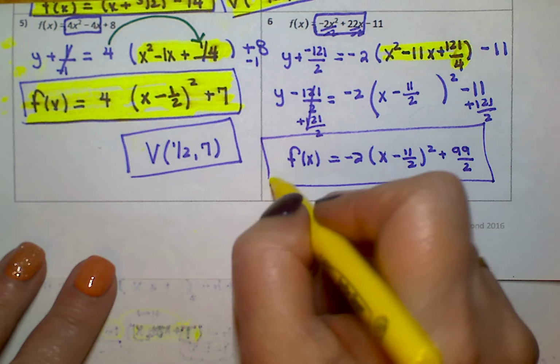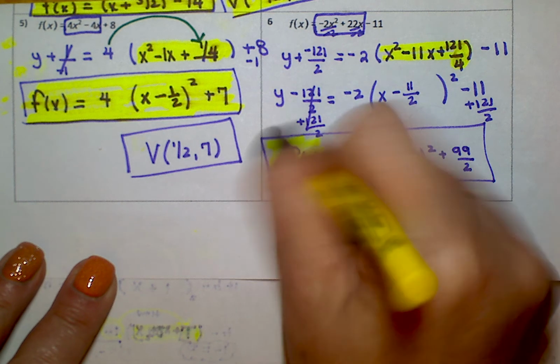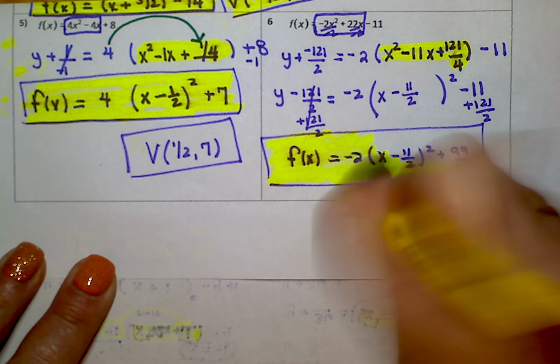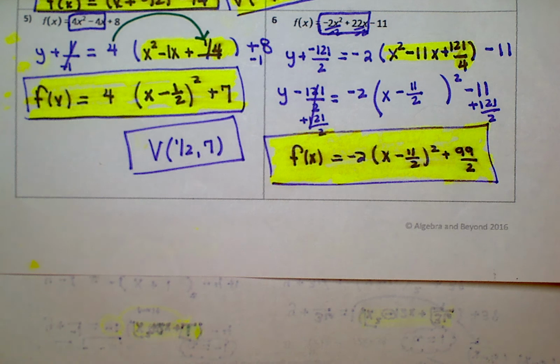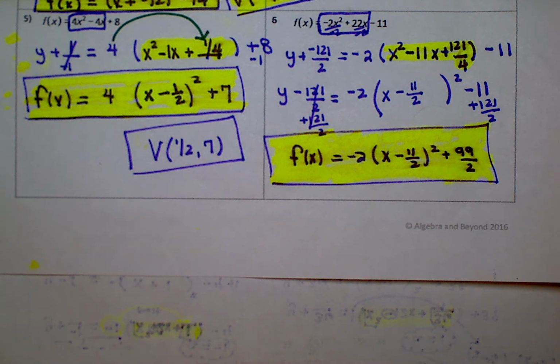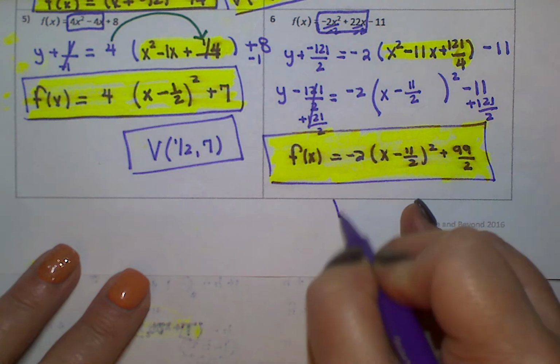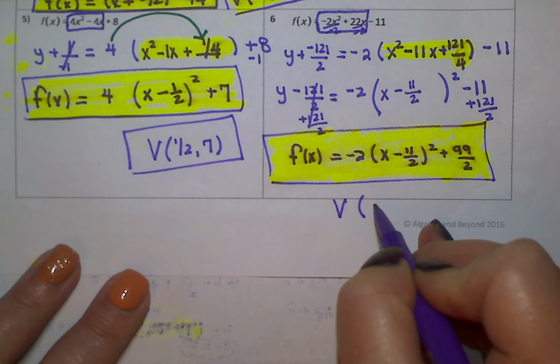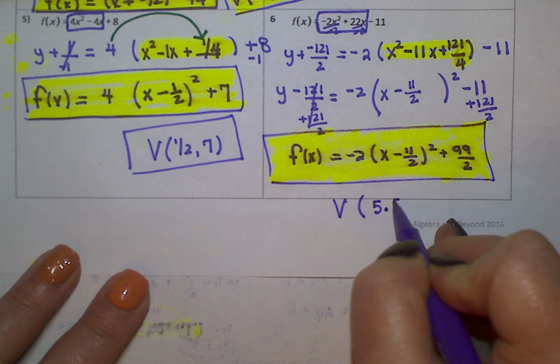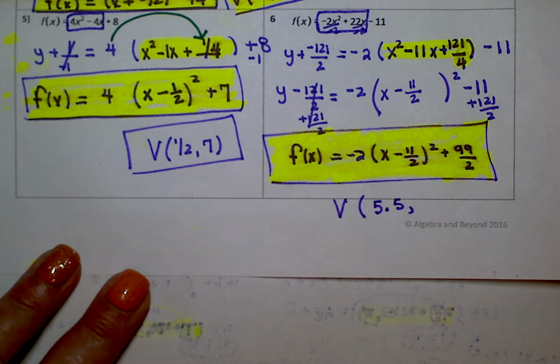Now, sometimes you might notice they might put those in decimals. So I'm going to put the vertex in decimals because when I graph, I kind of like to have an idea of where that turnaround point is going to be. So if I did that vertex, -11/2 would be 5.5 because I would change the sign, remember.